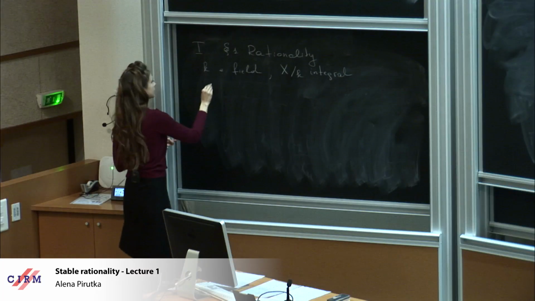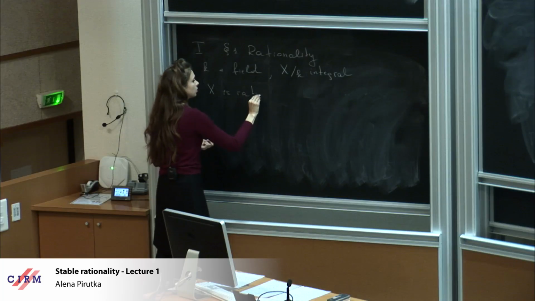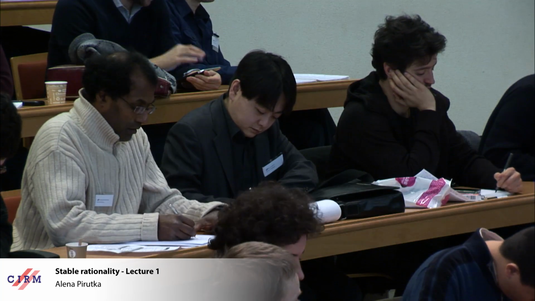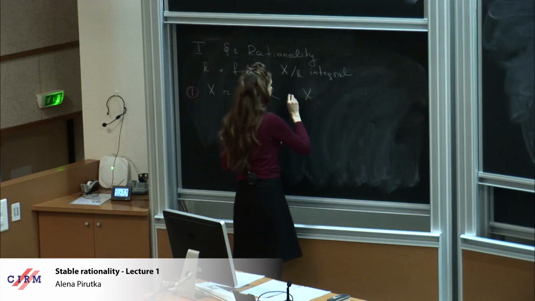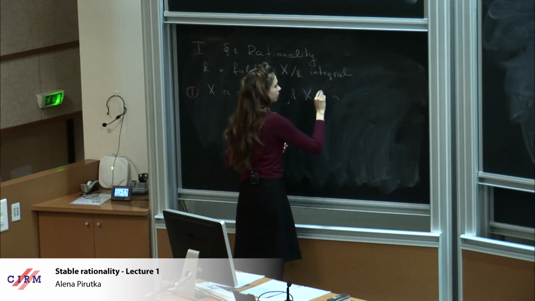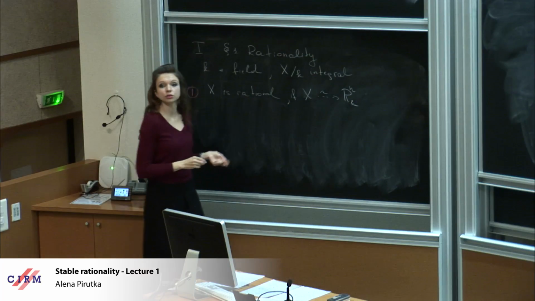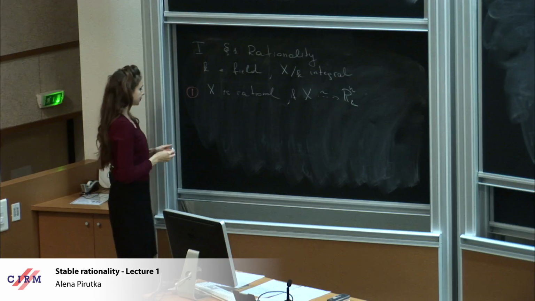Then recall that we say that X is rational, so that's going to be my first notion, if X is birational to a projective space. Here, sometimes we say K-rational, just to say that the rational map is defined over K.